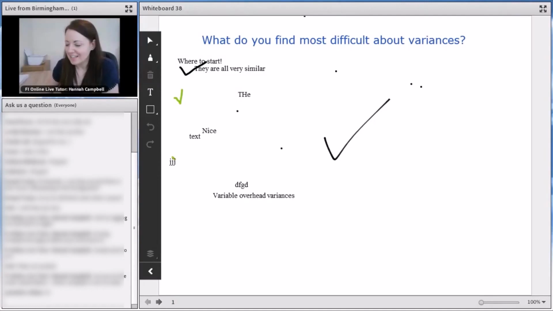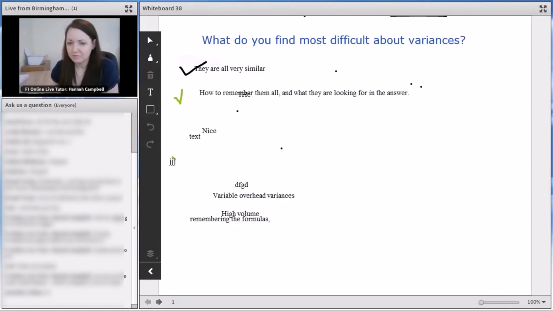I'm just going to delete some of these things that we don't want on there. Oh, I think I might have accidentally deleted somebody's thing there.